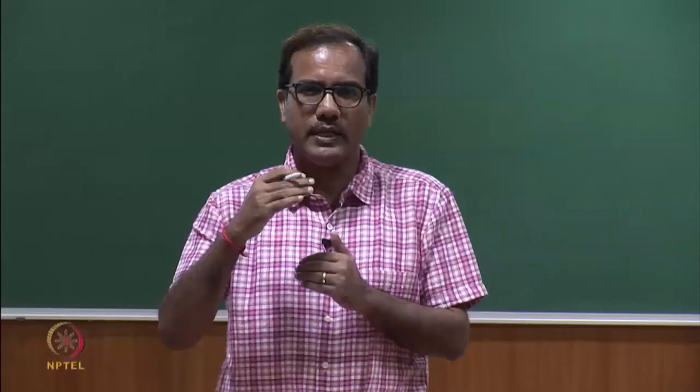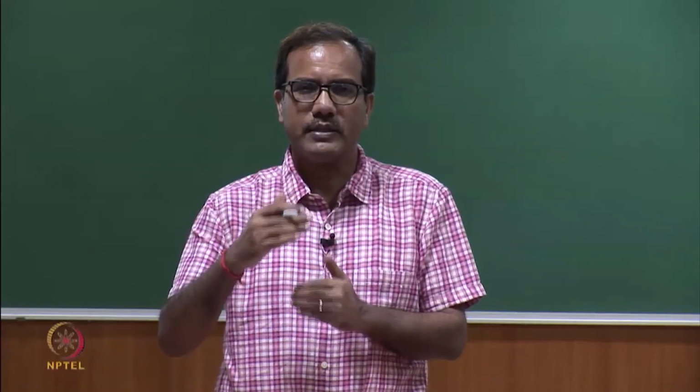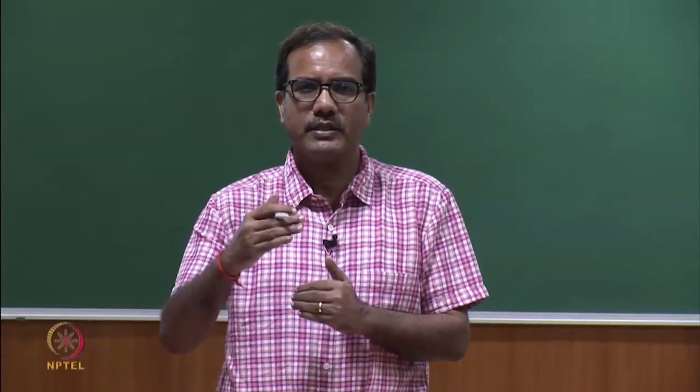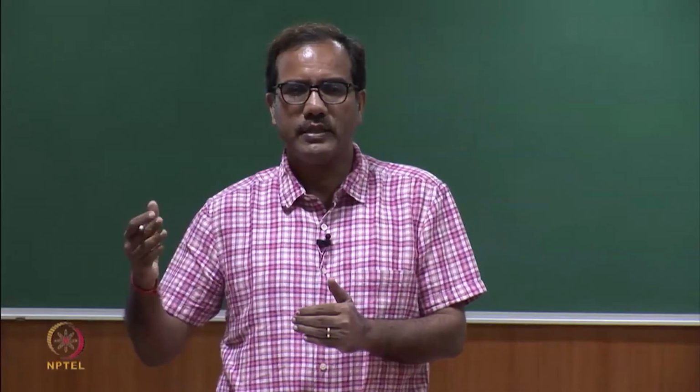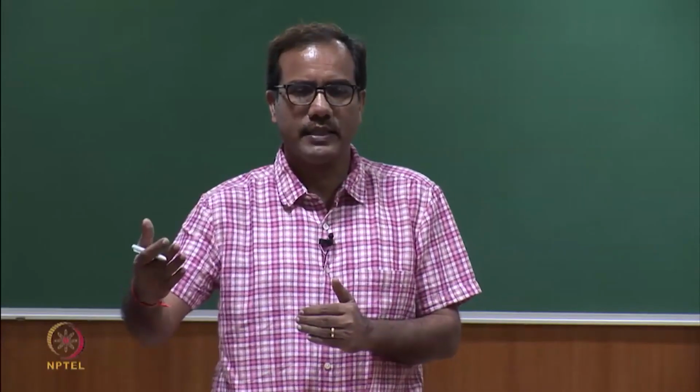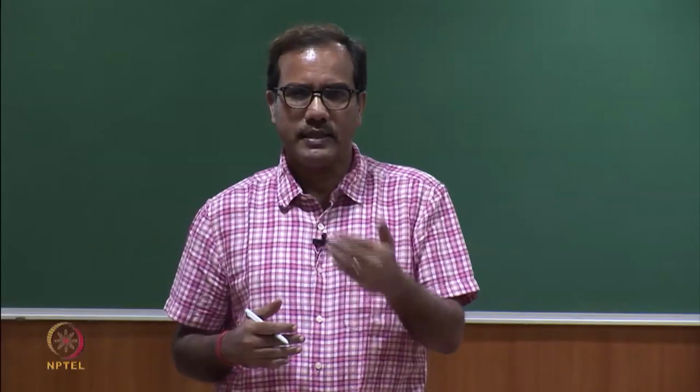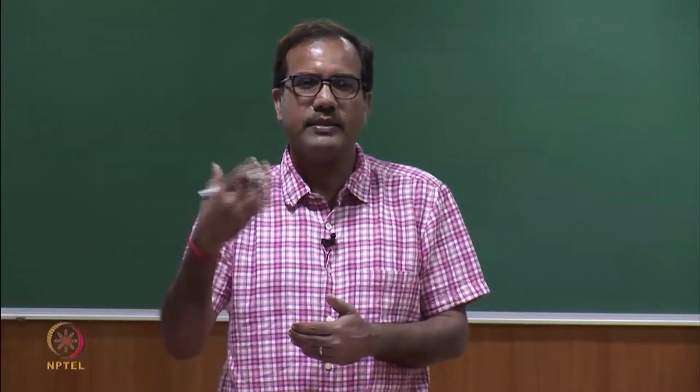So, these are the energy levels which you are considering where transition is happening. E x is the difference between the energy level of the state from where transition is taking place and the state where transition is happening.